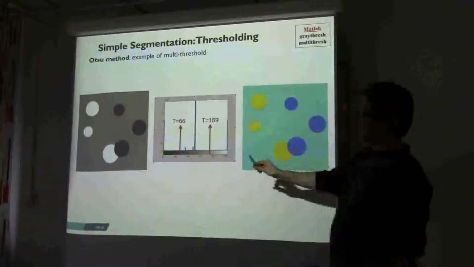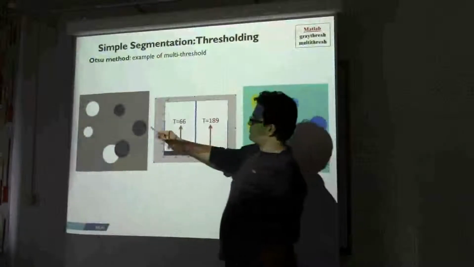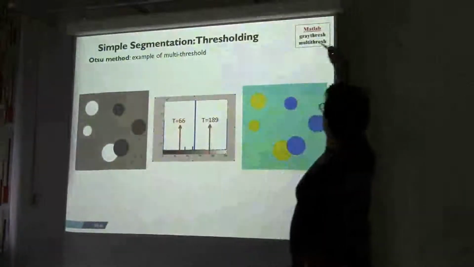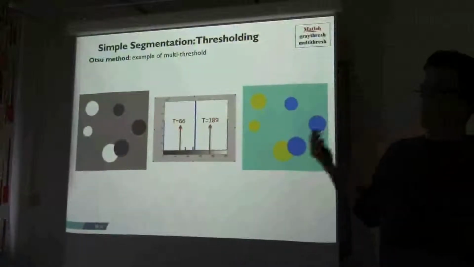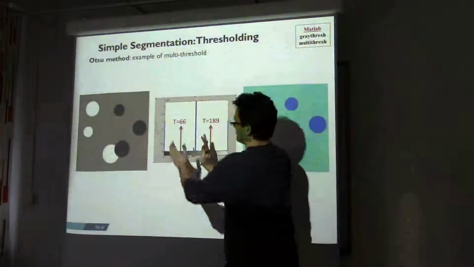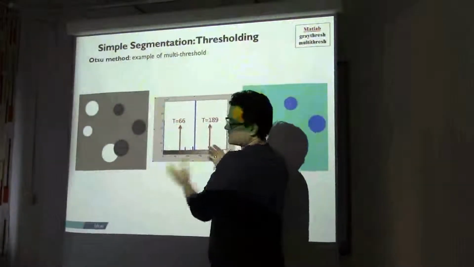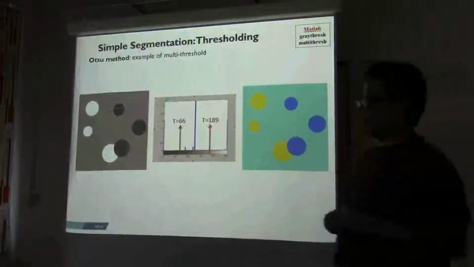Three modes. So if you put two thresholds here, you should be able to separate the three regions. With this command in MATLAB, you can do that. I don't know how exactly it works, but I think it is based on separating the histogram in different parts and minimizing this overlap.